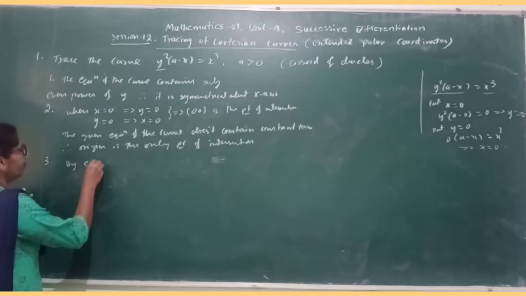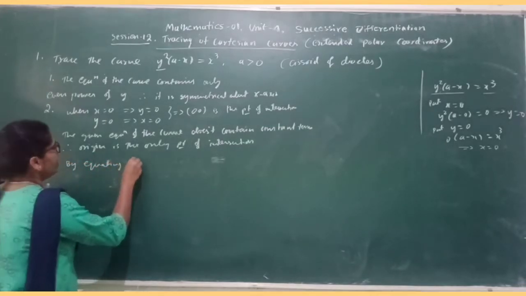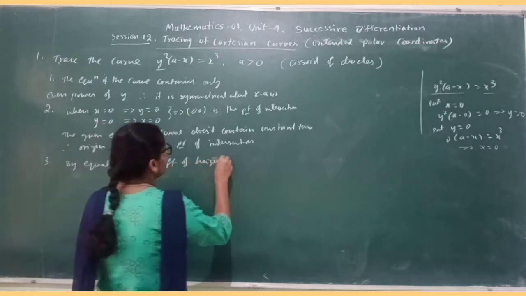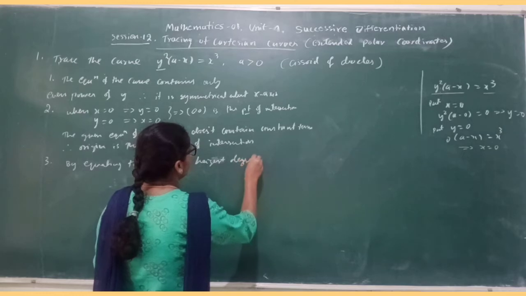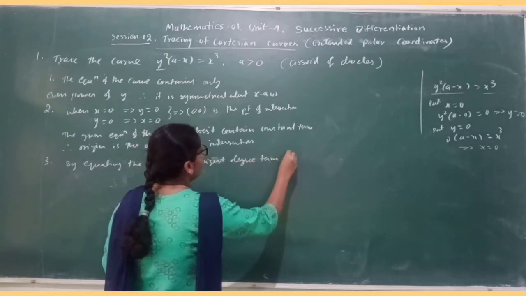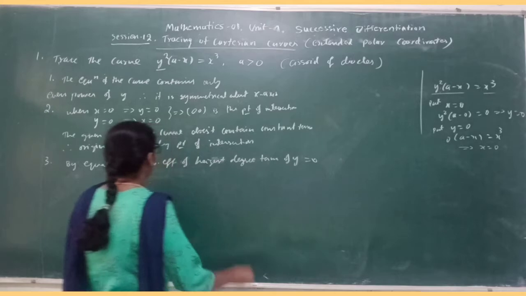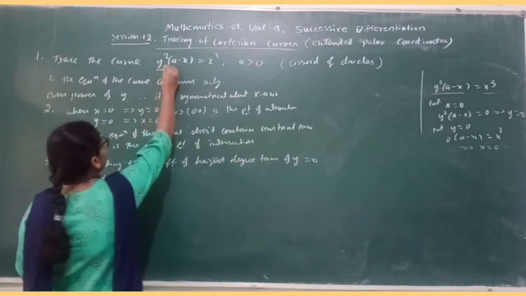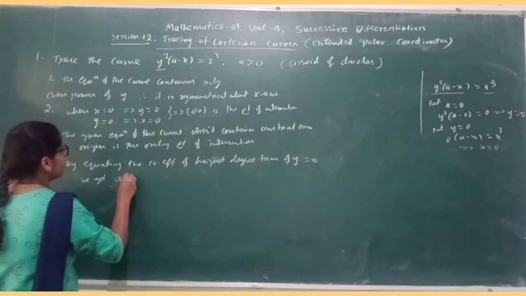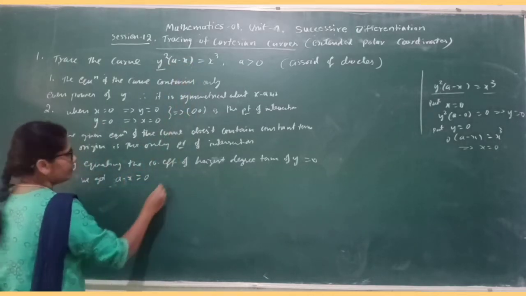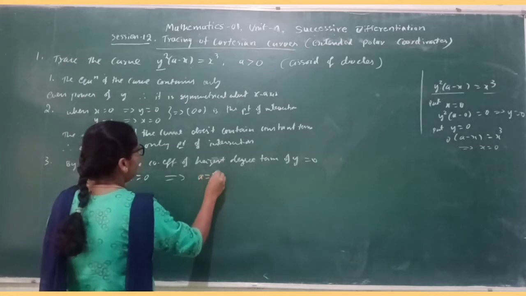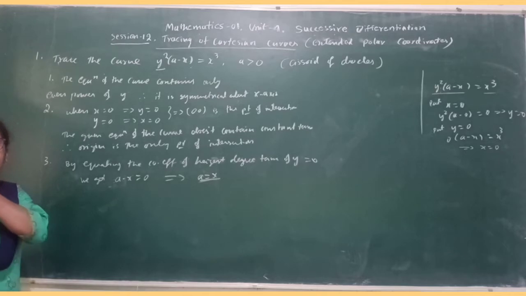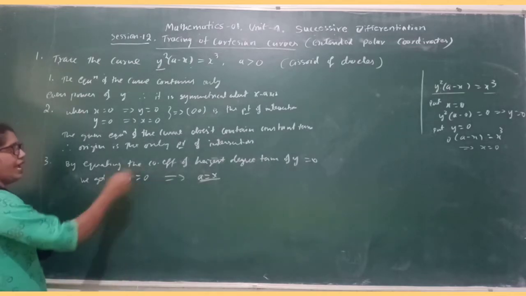By equating the coefficient of the highest degree term of y to 0, we get: what is the coefficient of the highest degree term? a minus x. a minus x is equal to 0 implies that a is equal to x. So x equals a is the asymptote parallel to the y axis.